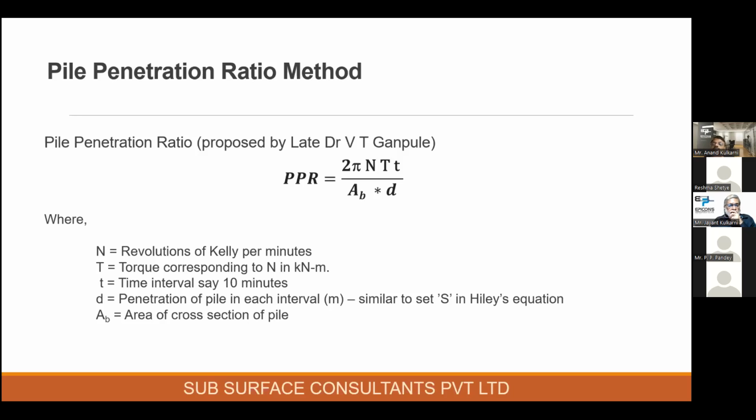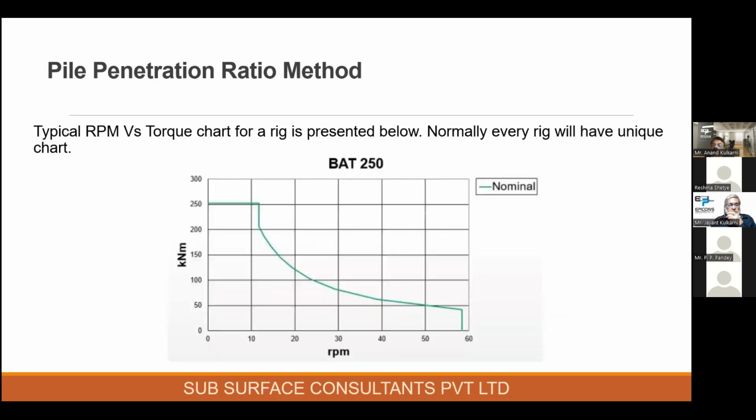And the important part that was pointed out was that the torque T, which is a part of this equation, actually cannot be found out by field observations, but it is dependent on the observation of revolutions of the Kelly per minute, RPM of the Kelly, and that is to be taken from here. So for higher RPM, lower torque; for lower RPM, higher torque. And around 9 to 10 value, you get maximum torque, and that is where one tends to stop. So let me go to the next slide from here.